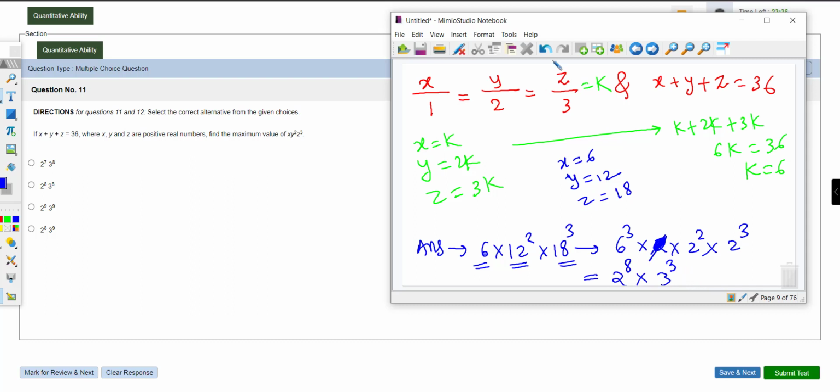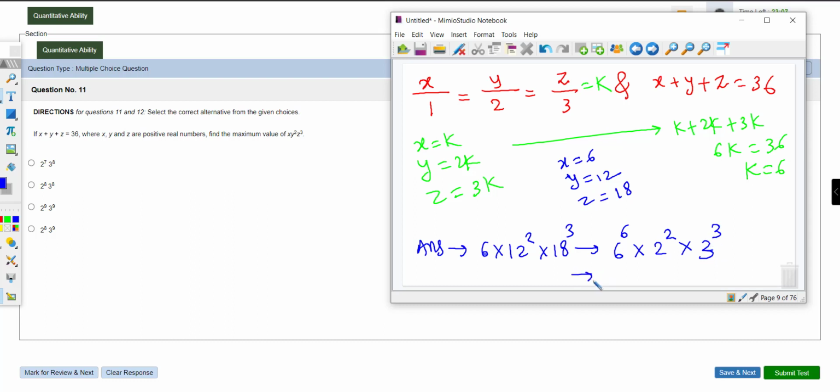Hold on, let me correct this. 6 into 12 square into 18 cube is the answer. So 6 to the power 1 plus 2 plus 3, that is 6, into 2 to the power 2 into 2 to the power 3, sorry, 3 to the power 3.